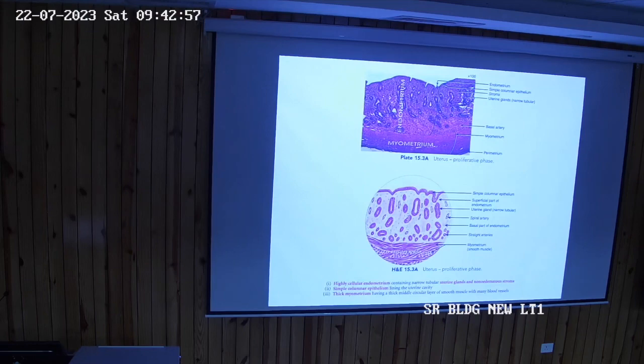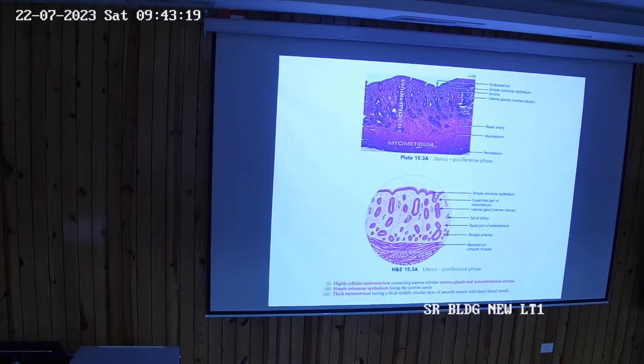The upper two-thirds is called the endometrium functionalis, and the lower one-third of the endometrium is the basal part, the endometrium basalis.